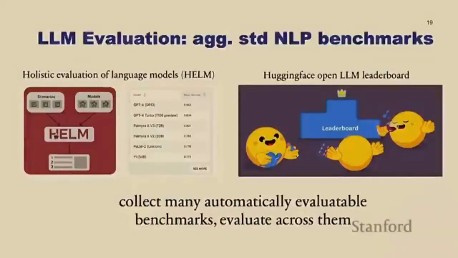Another common way, and now more common in academia, of evaluating these LLMs is by taking all the classical NLP benchmarks, and I'll give you a few examples later, and aggregating everything. So collect as many automatically evaluatable benchmarks as possible and evaluate across all of them.